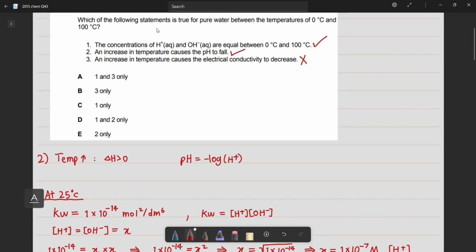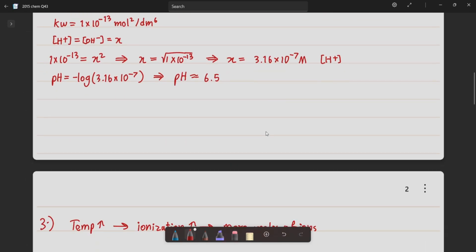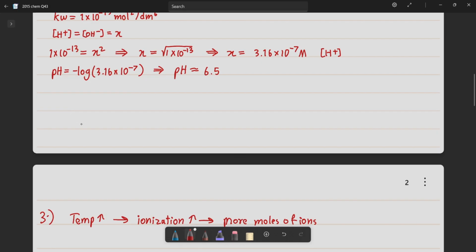And the most important detail about option 2: there's one more general expression I'm going to write. Kw is proportional to temperature, and temperature is inversely proportional to the pH, because the pH will decrease if the temperature increases, but if the temperature decreases, the pH will increase.